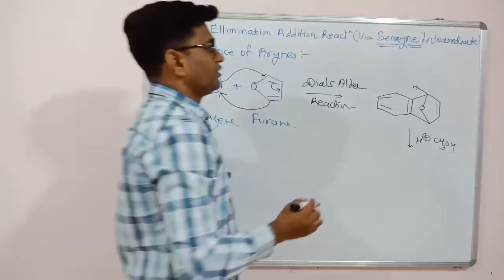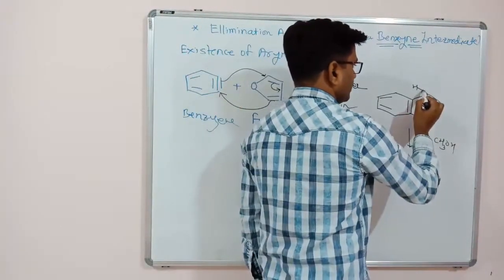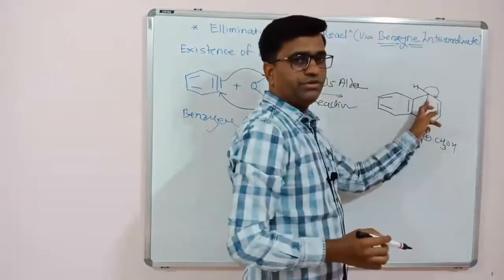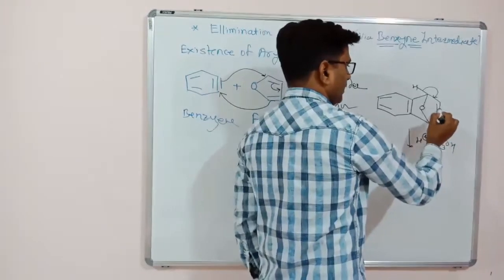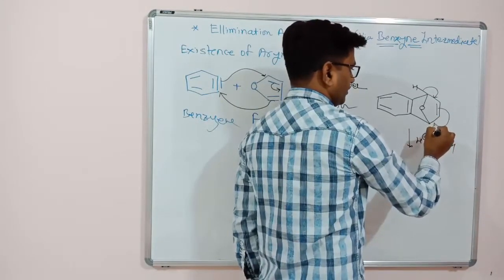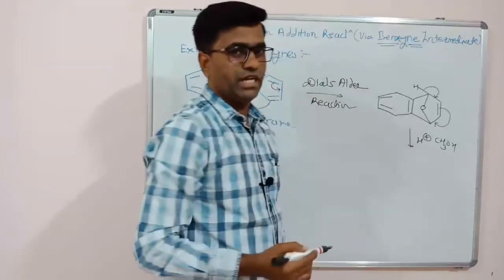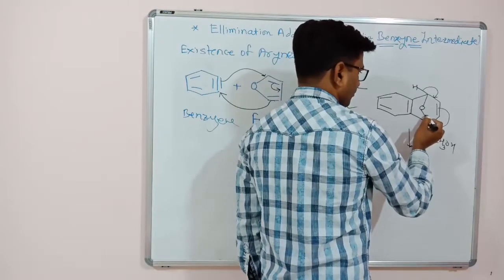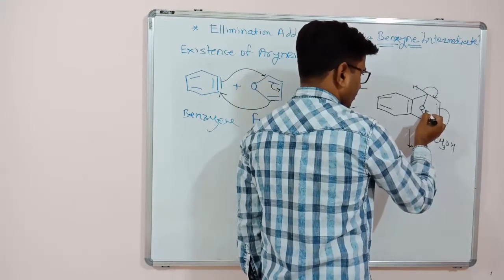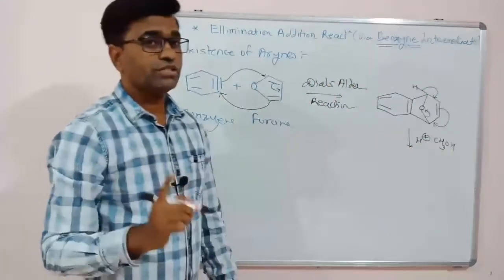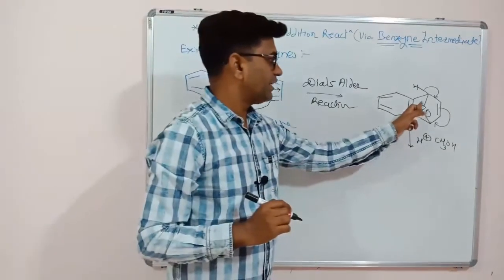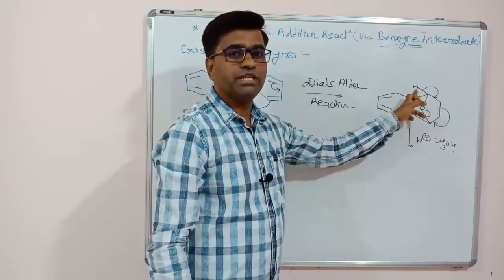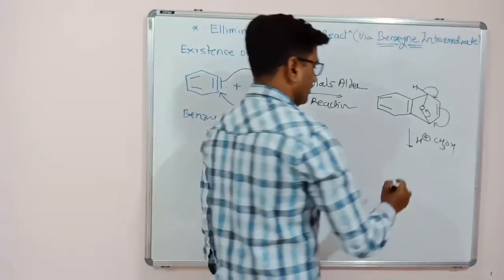This hydrogen's sigma bond will break and those electrons come over here, so single bond to double bond. This pi bond will break and those electrons go over here, so this single bond to double bond, as we should maintain the carbon valency. Then this ether linkage will break and those electrons go to the oxygen. Oxygen will be negatively charged. So this negatively charged oxygen abstracts the H plus ion and we will get a product.